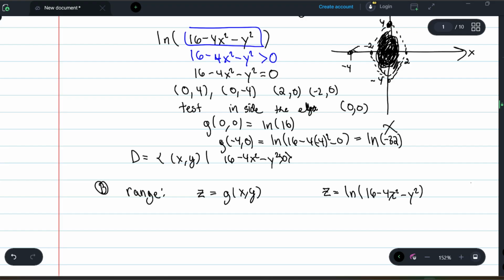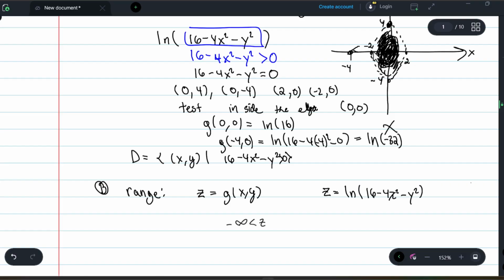If you look at this graph, we're only allowed to plug in numbers that are inside the ellipse. You must also remember that the closer you get to the boundary of the ellipse, the closer this box number over here is going to get to 0, but still be positive. So I can get as close to 0 as I want. So there should be no lower bound to what my z can be.